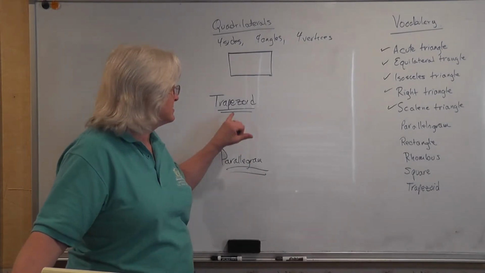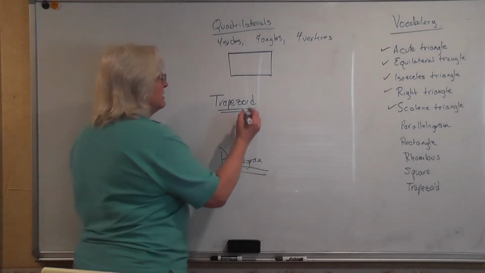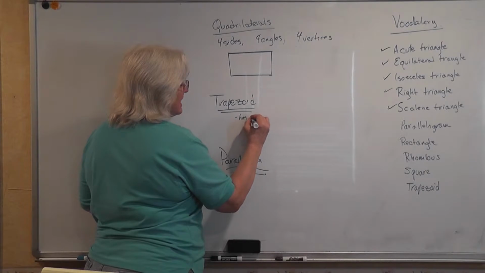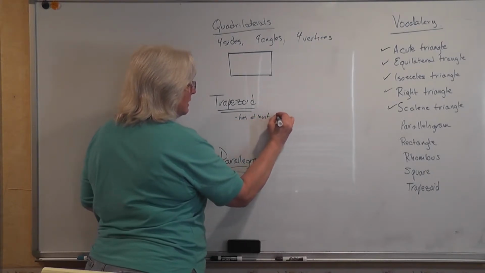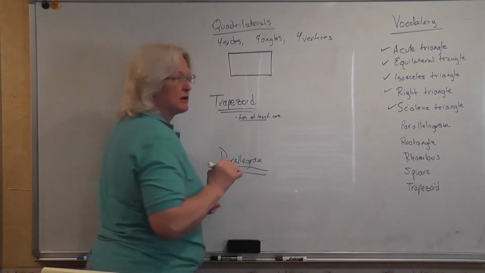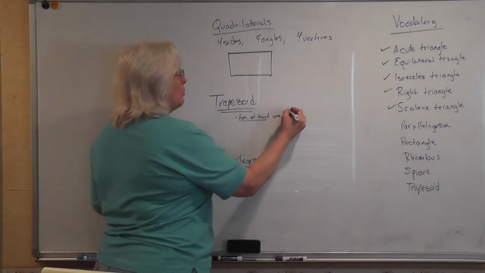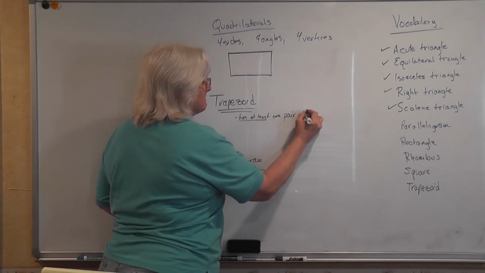But first we're going to talk about a trapezoid. A trapezoid is a four-sided figure that has at least one, not only one necessarily, but it has to have at least one pair of parallel sides.